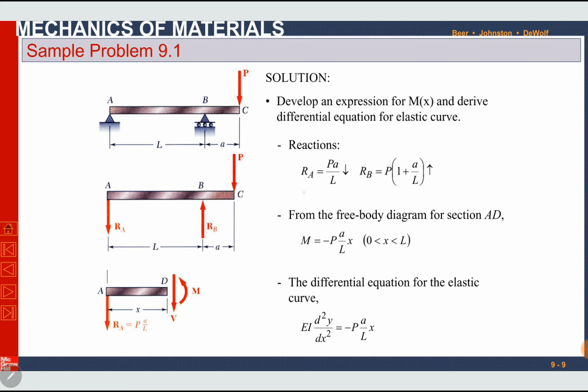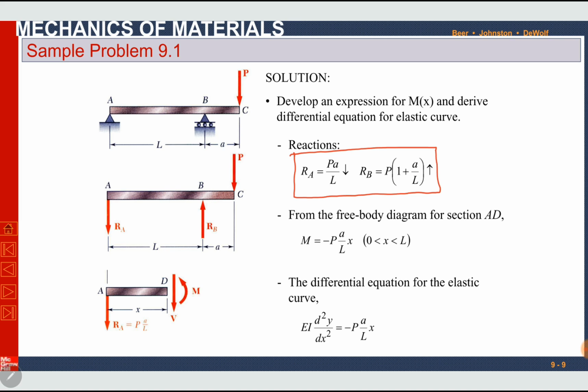RA and RB, two reactions. Reaction at A is equal to PA over L. It is downward. If you are considering it upward, then the value will be negative. RB is upward. It is equal to P into 1 plus A by L. I assume that you can calculate reactions using equations of equilibrium.